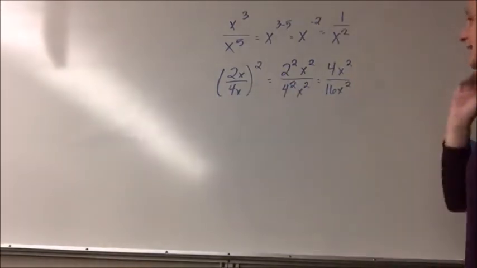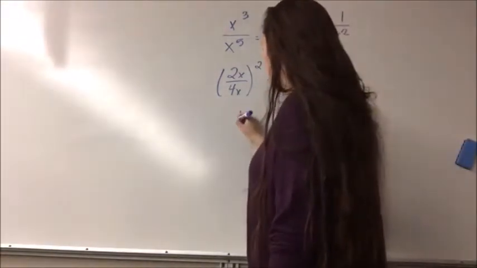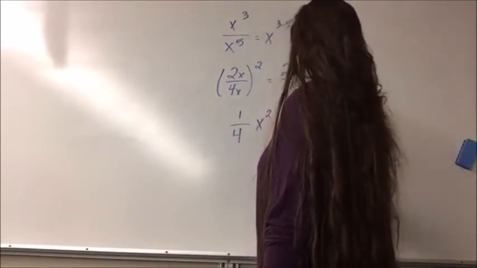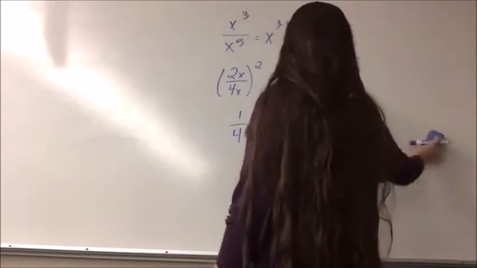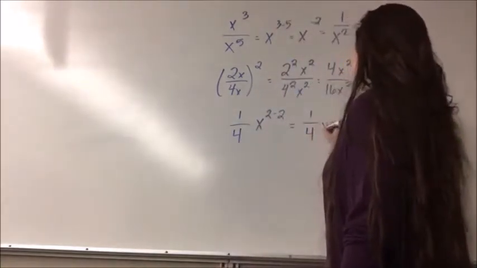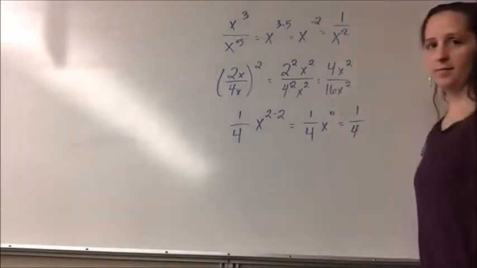Okay. I can then simplify that. 4 divided by 16 simplifies to 1 over 4, and then I have x to the 2 minus 2, which is 1/4 times x to the 0 power, which is 1, so my answer is 1/4.